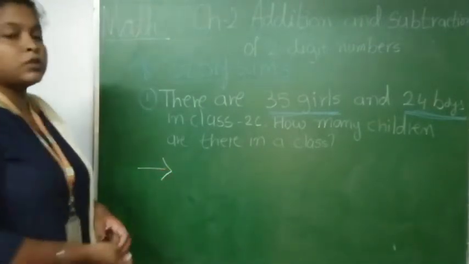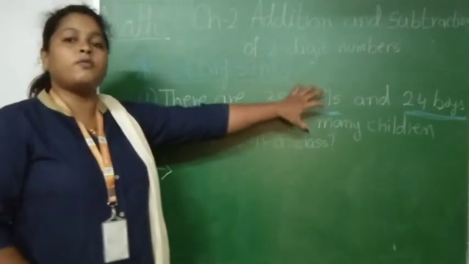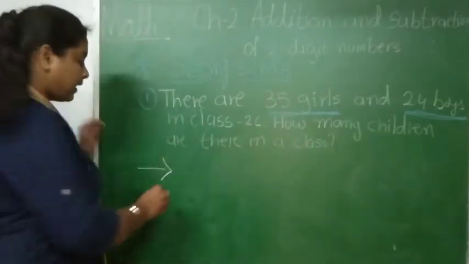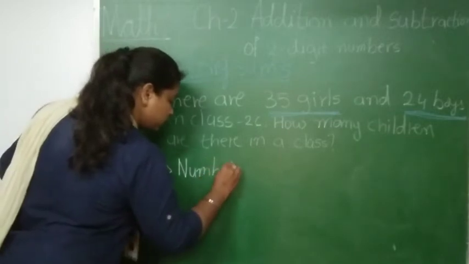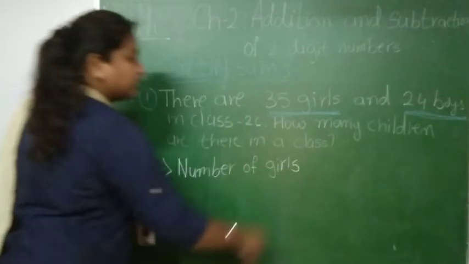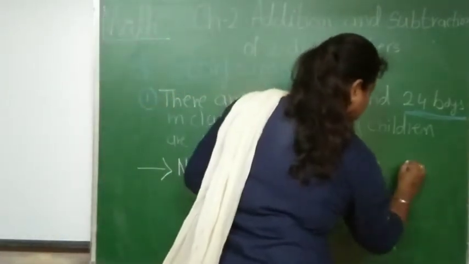Okay, so how will you make them? First of all you just have to look which number is given to you and which information is given to you. So 35 girls. तो हम यहाँ पे क्या लिखेंगे? Number of girls. Right? So you have to write in front of that only 35.